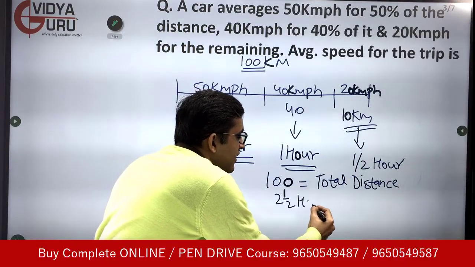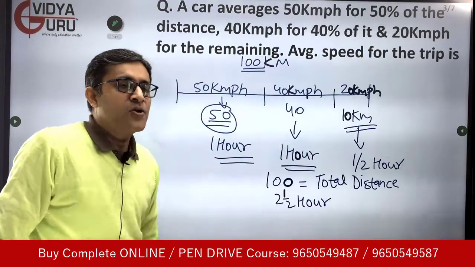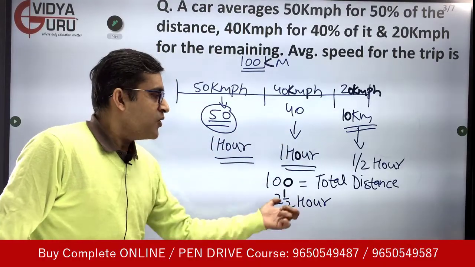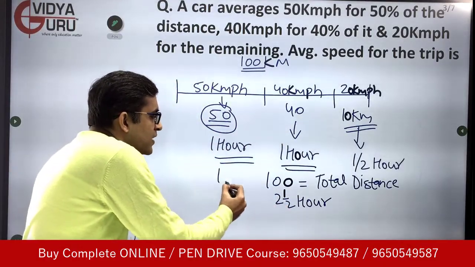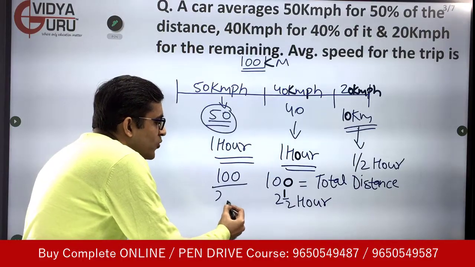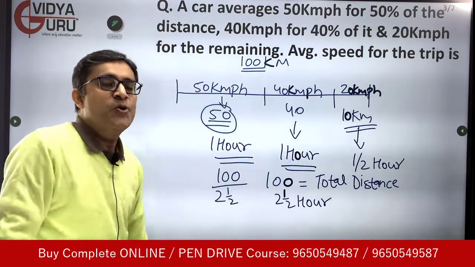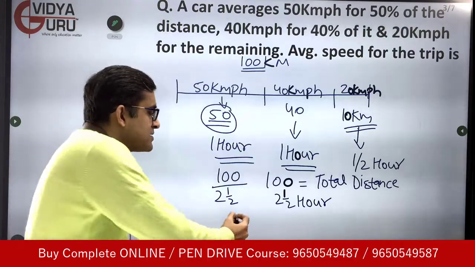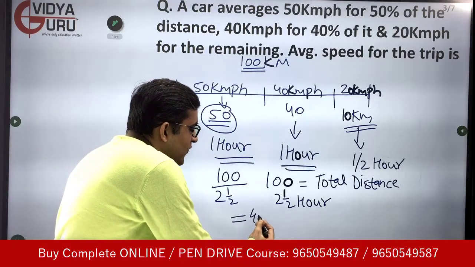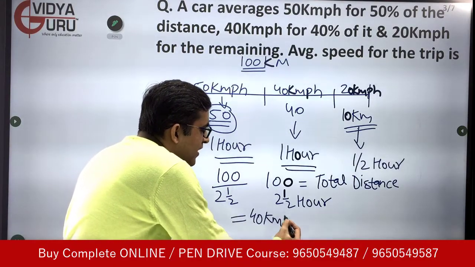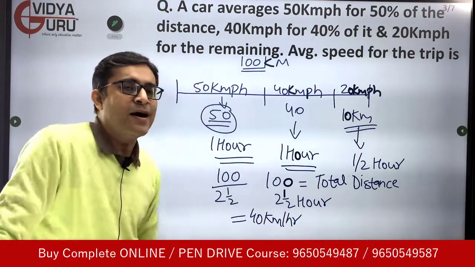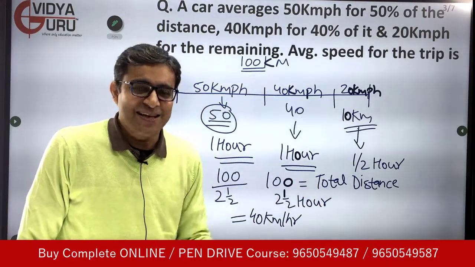So average speed is total distance upon total time, 100 upon 2.5 hours. That turns out to be, students, 40 kilometers per hour. It is that simple, isn't it?